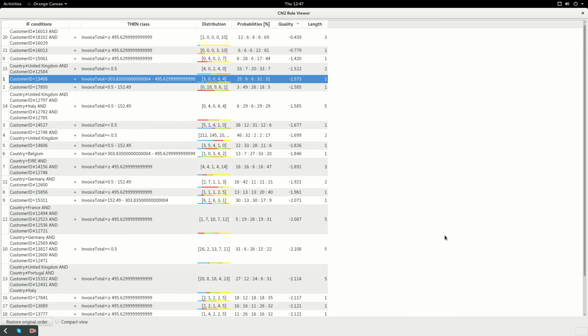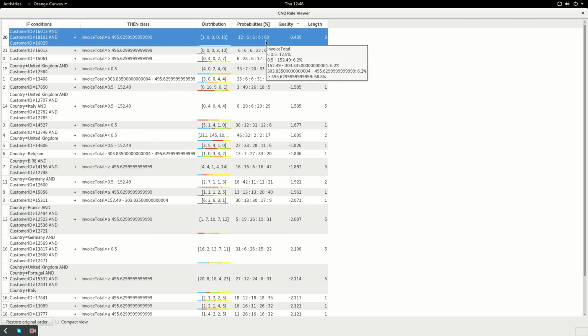So we're sorting rules by quality, and higher quality being first, and now these are going towards our sales account managers, because we're saying the very first one over here, we are 69% confident that if the customer is not 16013 and not 18102 and not 16029, then the invoice total is actually going to be greater than 495.